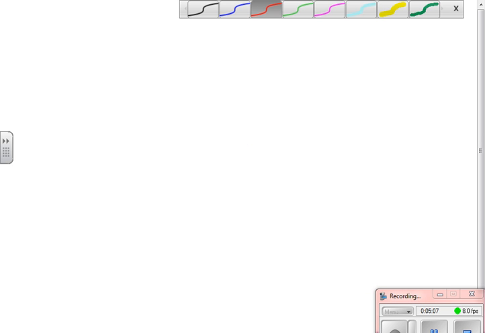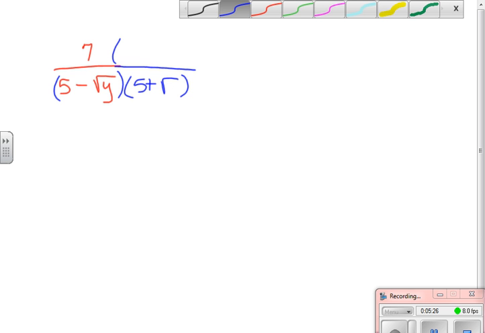So just real quick, I want to show you one more example of a conjugate. I won't work it all the way out, but I just want to make sure everyone is on board. So let's say I had 7 over 5 minus the square root of y. Your conjugate is going to be 5 plus that square root of y. So no matter what is down here, you take the opposite sign with the exact same terms.